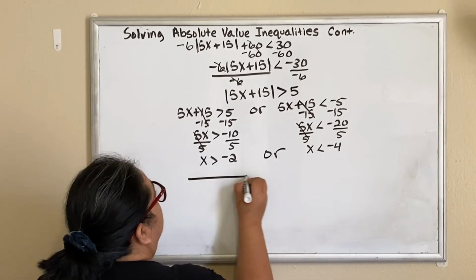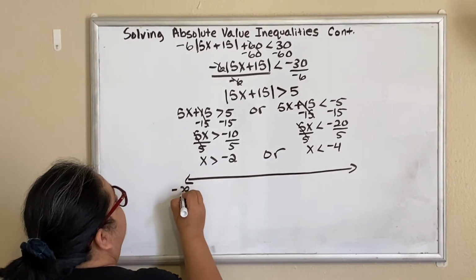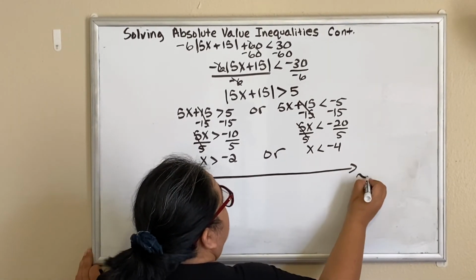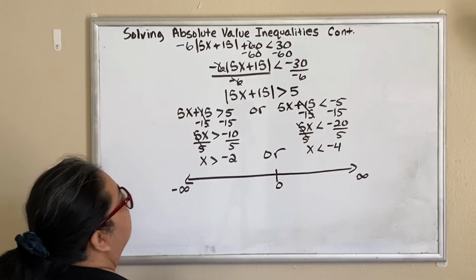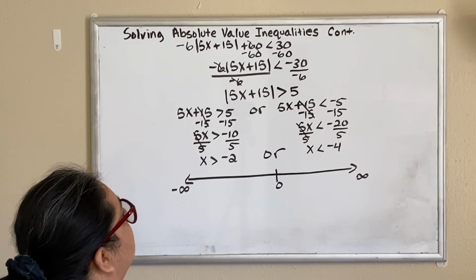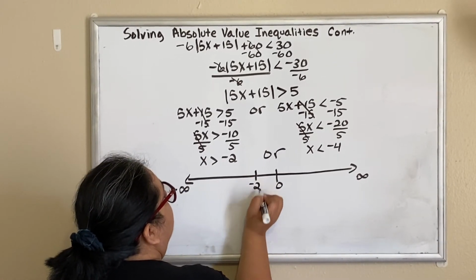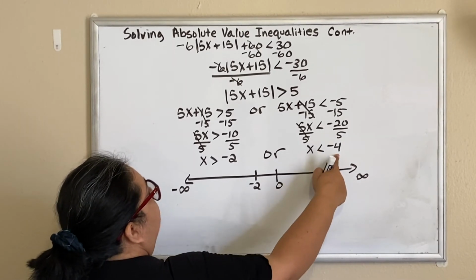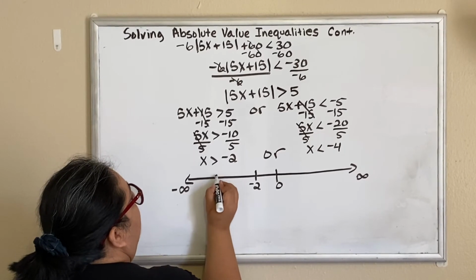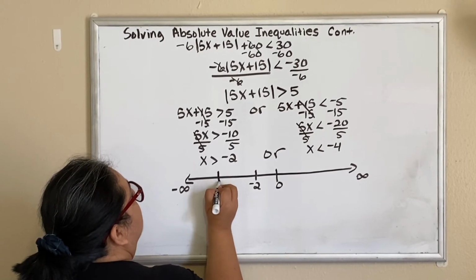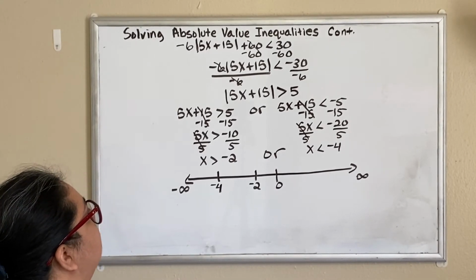So here's my number line. I've got negative infinity on the left, positive infinity on the right, 0 is somewhere in the middle. Now negative 2 is to the left of 0, so we're going to mark negative 2 right here. Negative 4 is further left, so we're going to mark negative 4 to the left of negative 2.